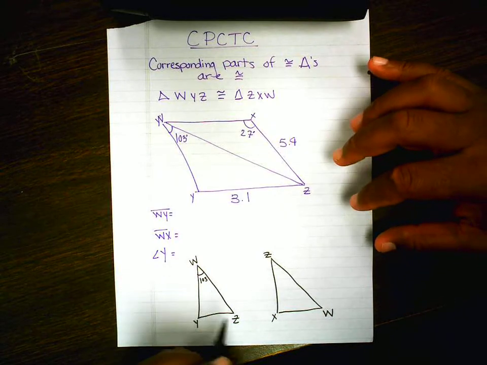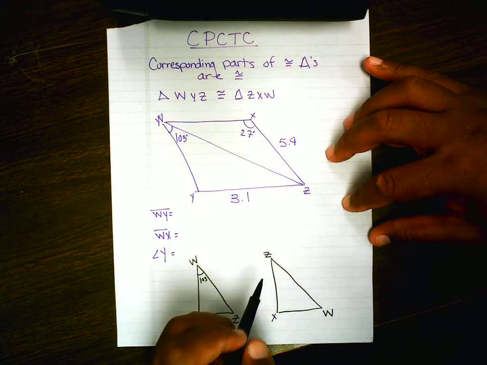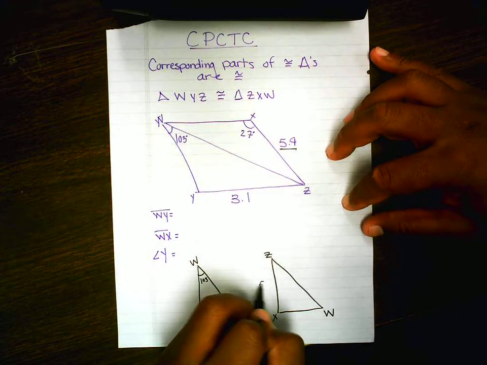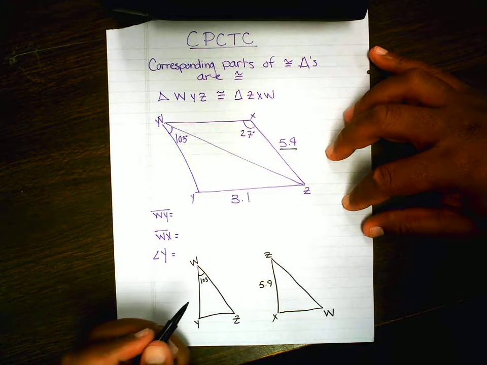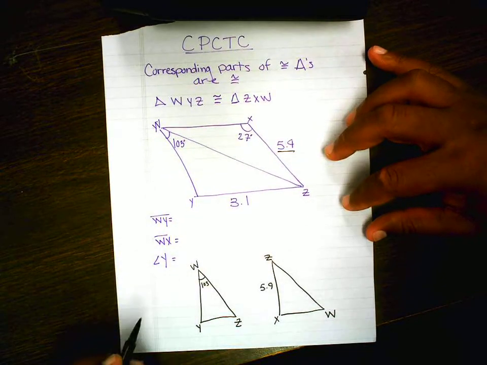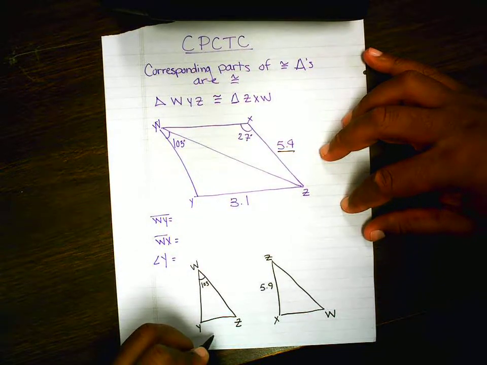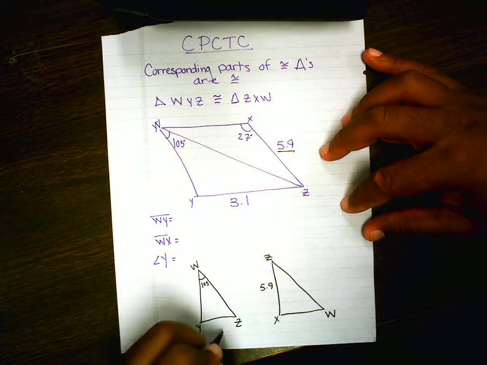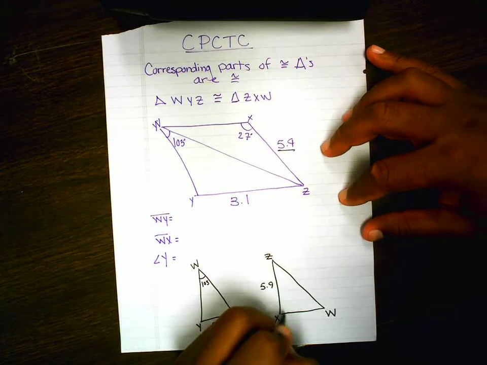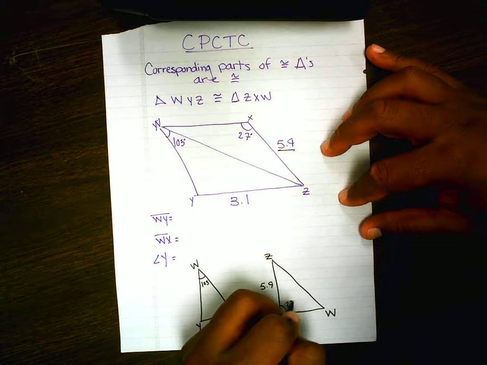we'll put what we have. ZX is 5.9, and then we have YZ is 3.1, and then we have X is 27. Right?